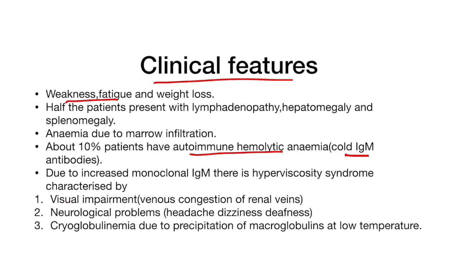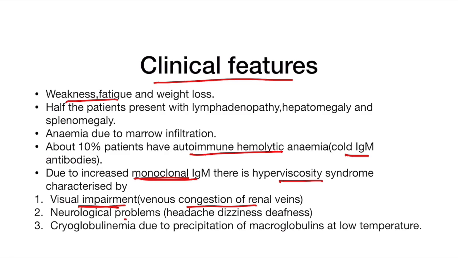Now, due to the increased secretion of monoclonal IgM in the blood, there is hyperviscosity, or you can say the thickening of the blood, which causes stasis, because whenever the blood becomes thicker, it has decreased mobility or flow. The fluidity decreases and there is more stasis. That is why this leads to visual impairment due to venous congestion of retinal veins.